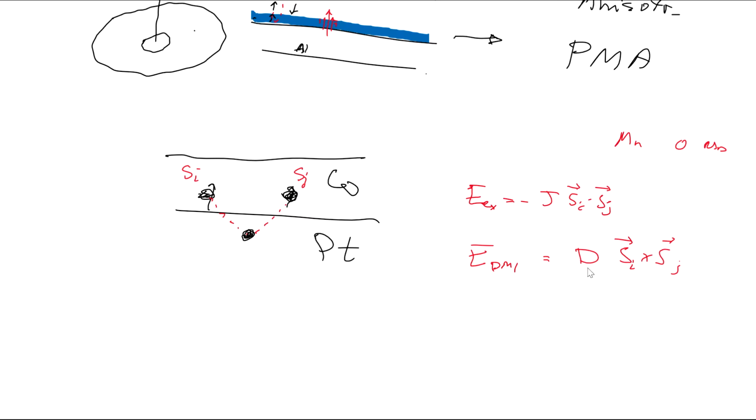And this D is the constant of this interaction, similar to that. So you see dot product.